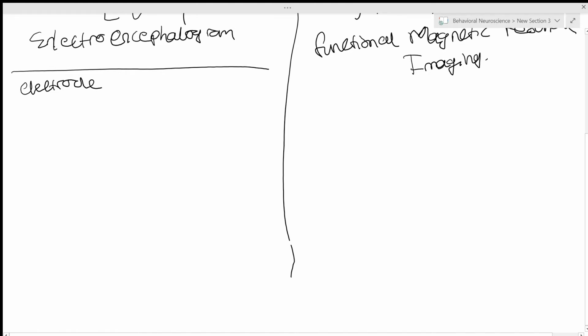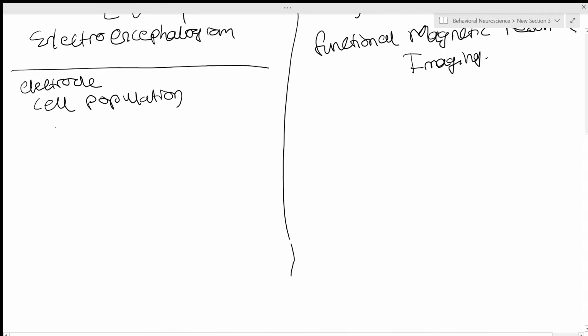So it measures electrical activity from the cell population under the scalp, and it's really good for temporal resolution, which basically means that it can tell you down to millisecond precision when an event took place.